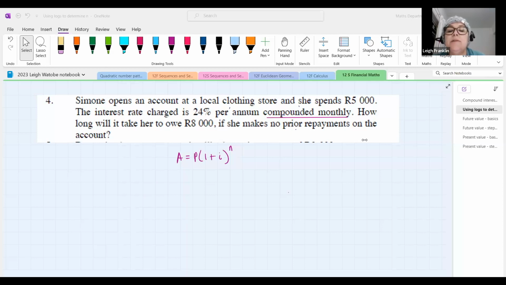Okay, so Pinga and Lesejo, you've both got different answers. Did you remember, guys, that it was compounded monthly? Yes, Katwana, you are going to put a 12 under the I. And what are you going to do to the N?